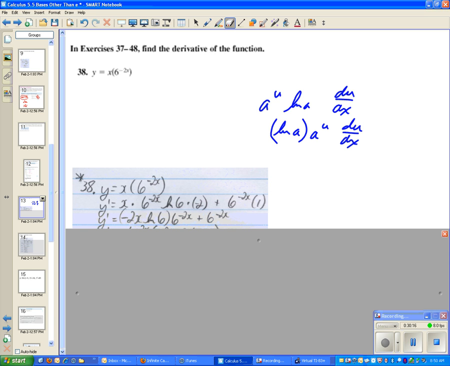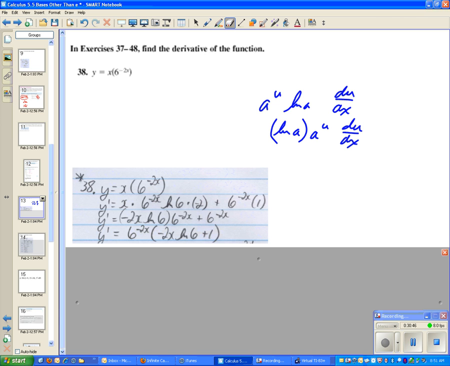So in front of the plus sign, I can multiply the x times the negative 2 and make that a negative 2x times the natural log of 6 times 6 to the negative 2x plus 6 to the negative 2x. And I can stop there. Or if I want a more bookish answer, what would I do? Factor out the 6 to the negative 2x.